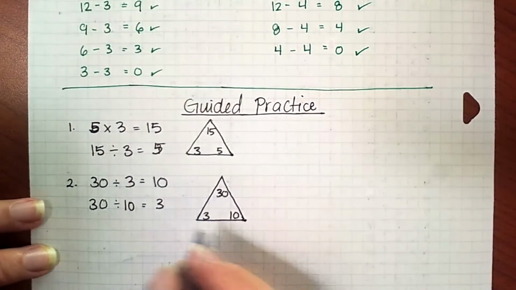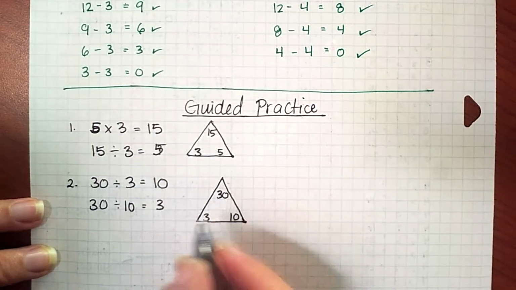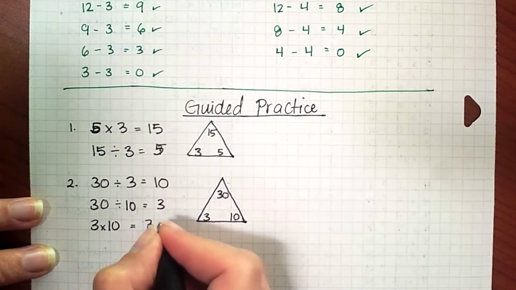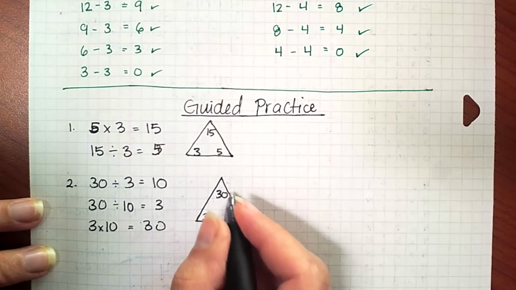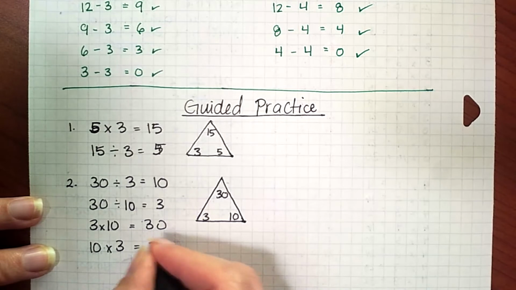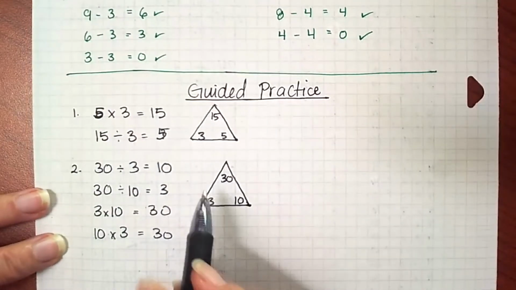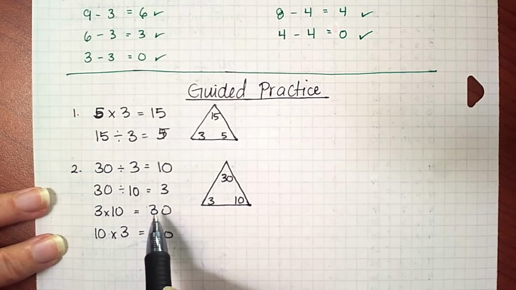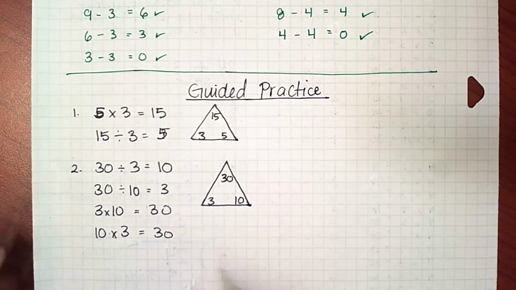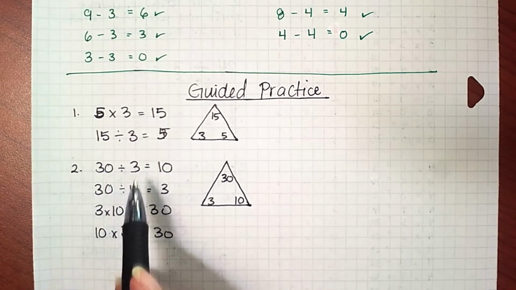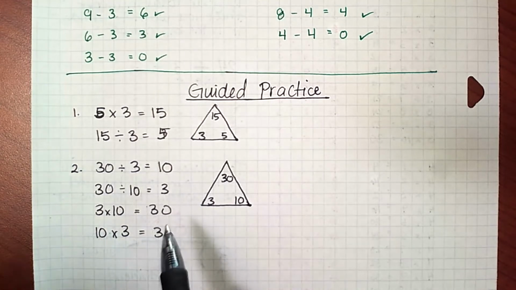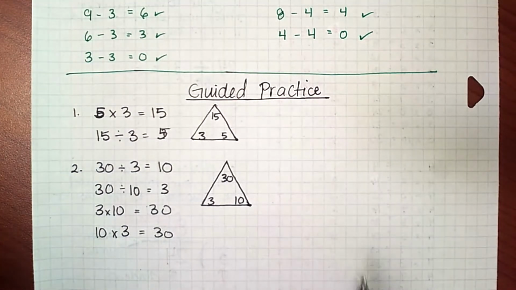Now for our multiplication facts, 3 times 10 is equal to 30. And 10 times 3 is also going to be equal to 30. So I found out how many pencils each child is going to get. If I wanted to use repeated subtraction, I could have done that. I could have done 30 take away 3 as many times as I could until I got to 0, and I would have found out that my answer would have been 10 that way as well.